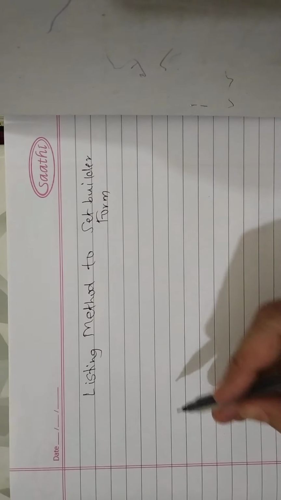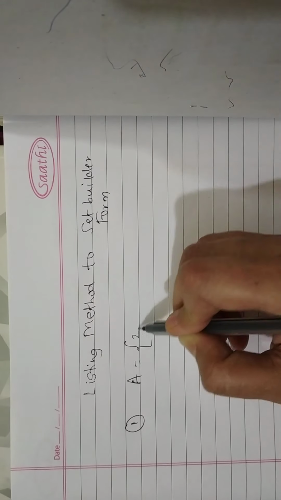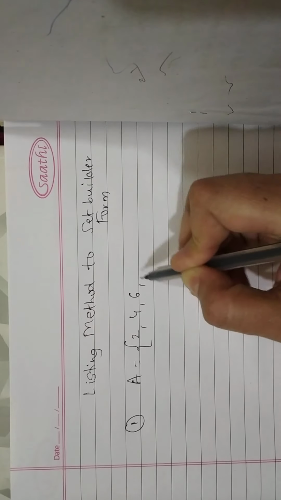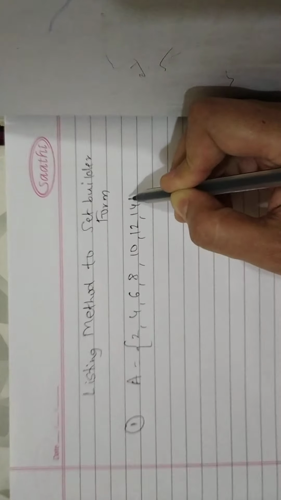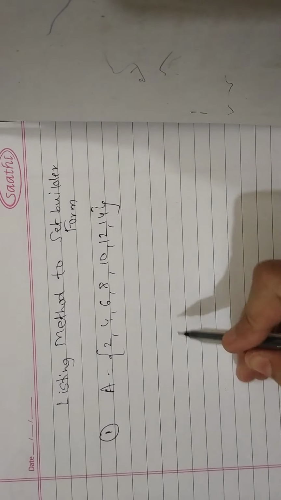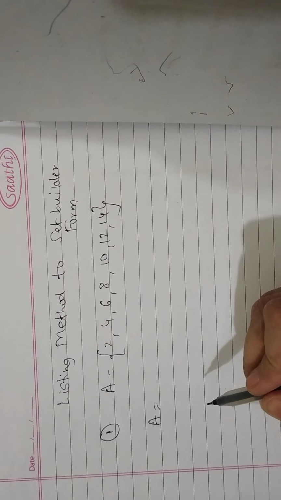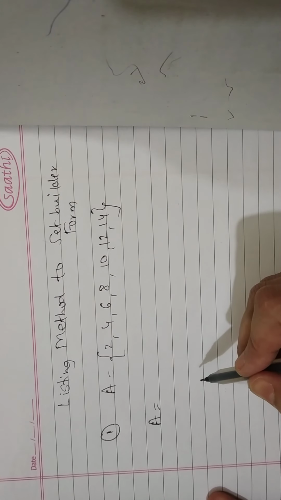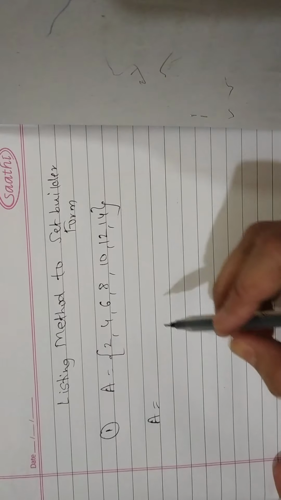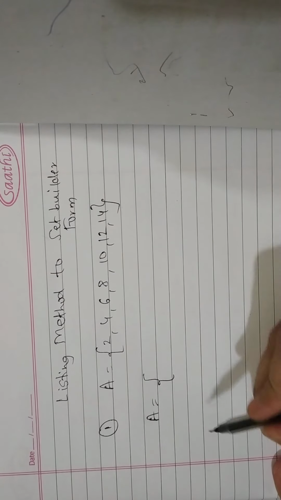What is this? We'll see. First example I'll take. A is equal to 2, 4, 6, 8, 10, 12, 14. This is listing method. We are supposed to convert it into set builder form. So, we'll take many examples, but we'll take easy ones first. We take curly brackets.